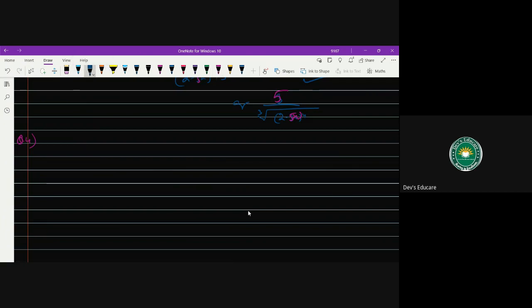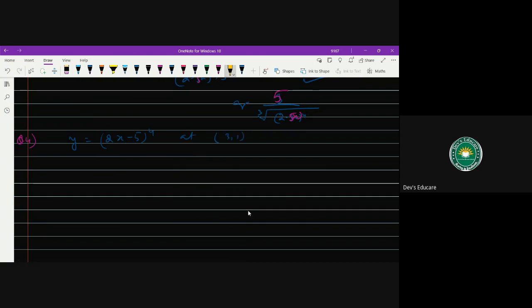Find the gradient of the curve y equals 2x minus 5 to the power 4 at 3 comma 1.